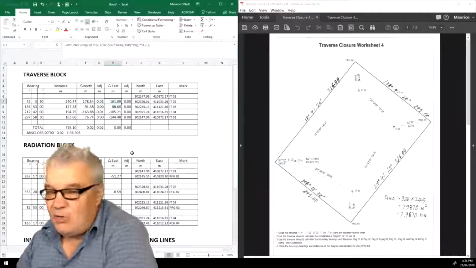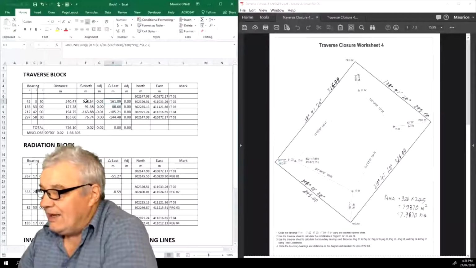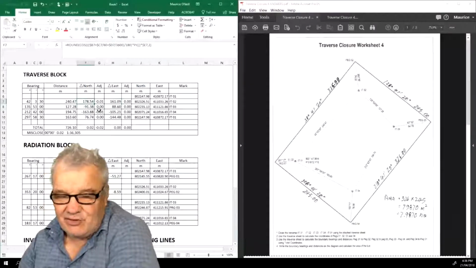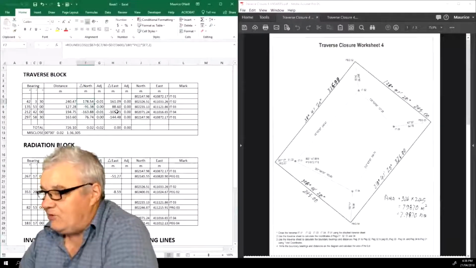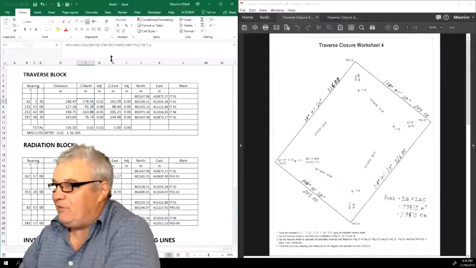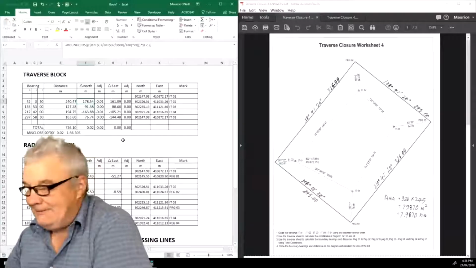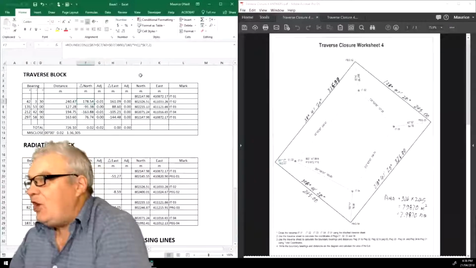Now I round all these to 2 decimal places so that everything calculates out so that we don't have any stray arguments from the continued accuracy of the thing. So everything's rounded to 2 decimal places to make everything fit nice and tidily into the spreadsheet format. So that's what's going on there.